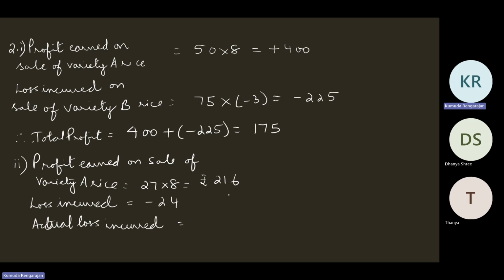See, this is the profit he earned on selling variety A. The loss incurred on variety B is just given, minus 24. So what's the actual profit or loss?